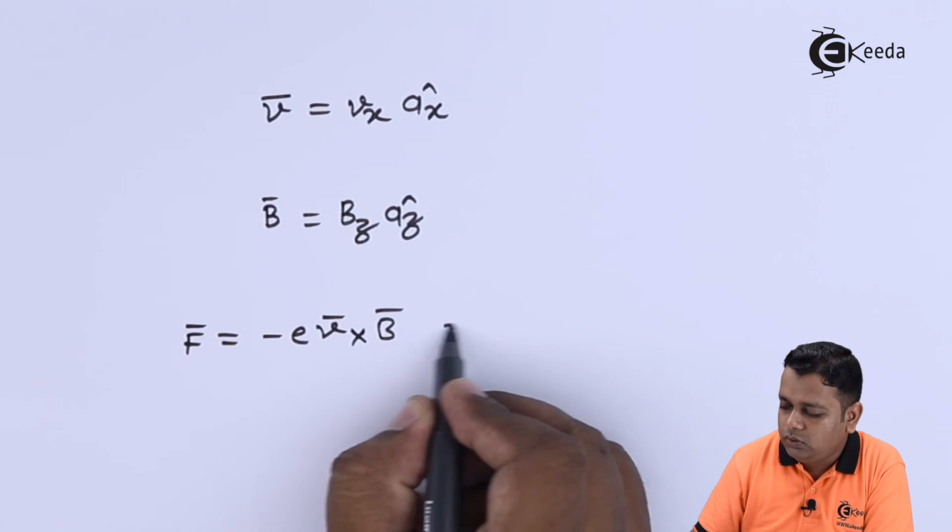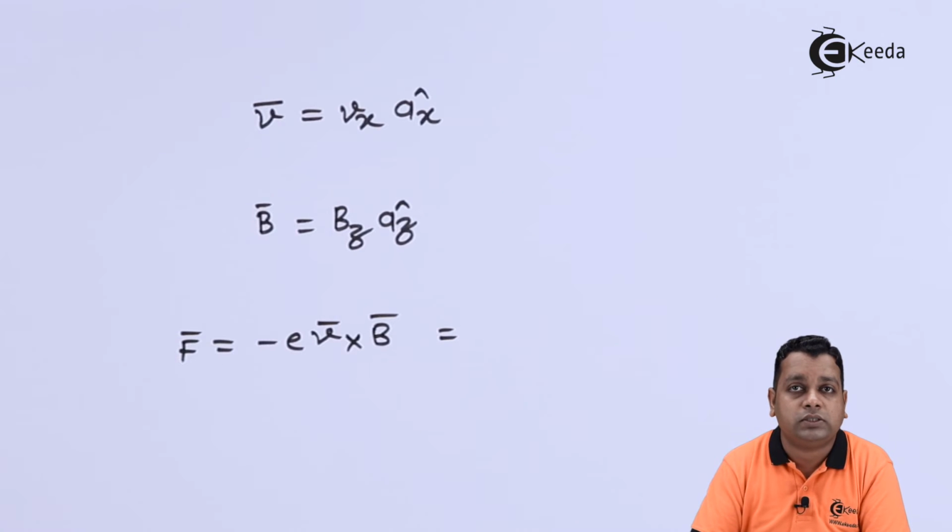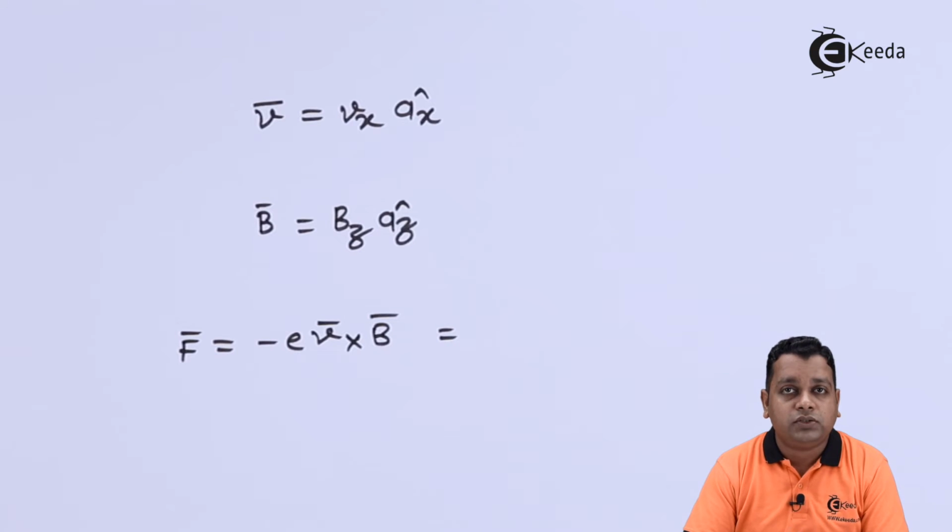So if you take the cross product into account, the cross product gives us the resultant direction that is perpendicular to the plane of the two vectors contained in that plane. So the velocity vector we have considered in the x direction, and the magnetic flux density B bar we have considered in the z direction.